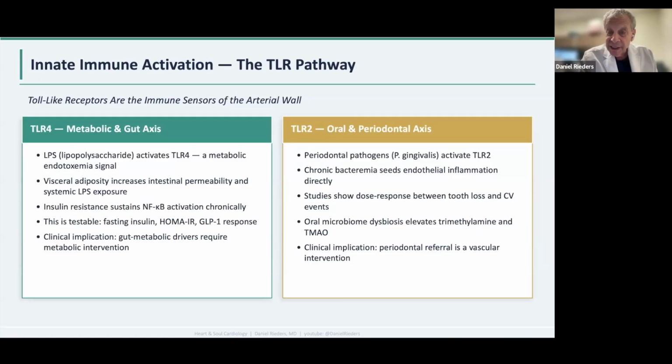And you can get a blood test called a TMAO, which can show a problem there. And you can go to a dentist and they can measure what's going on in your mouth and look at your gum health, and that can be remedied. And then that's another upstream treatment.